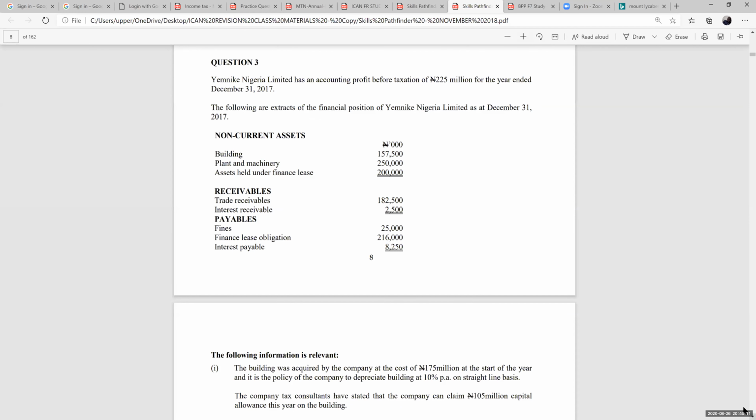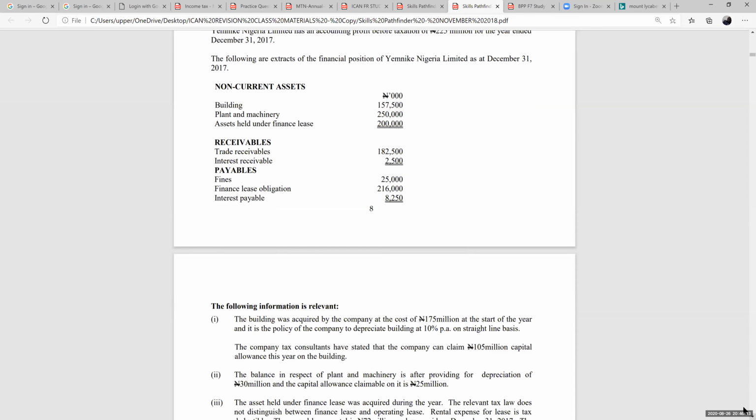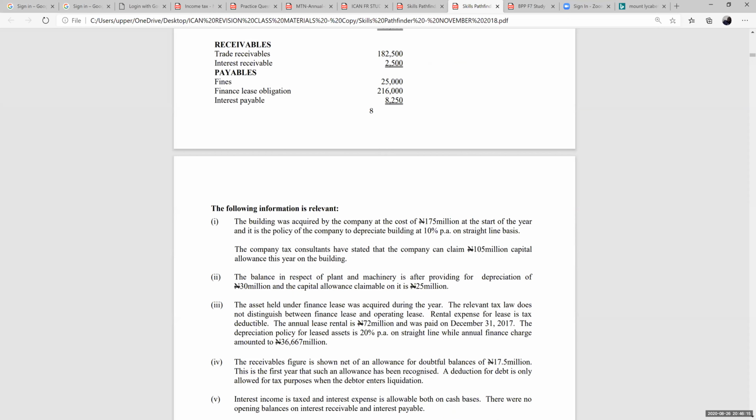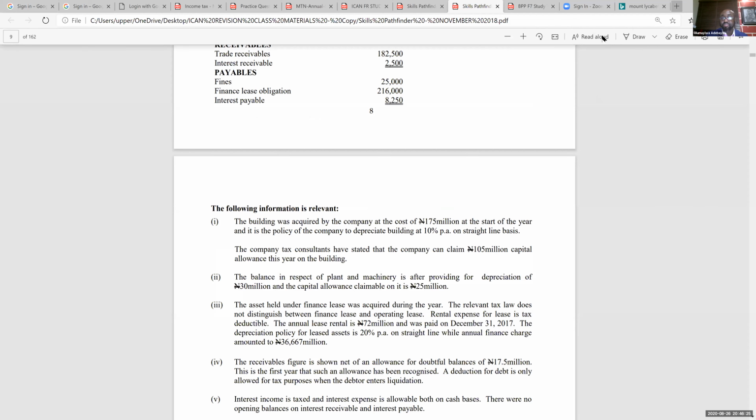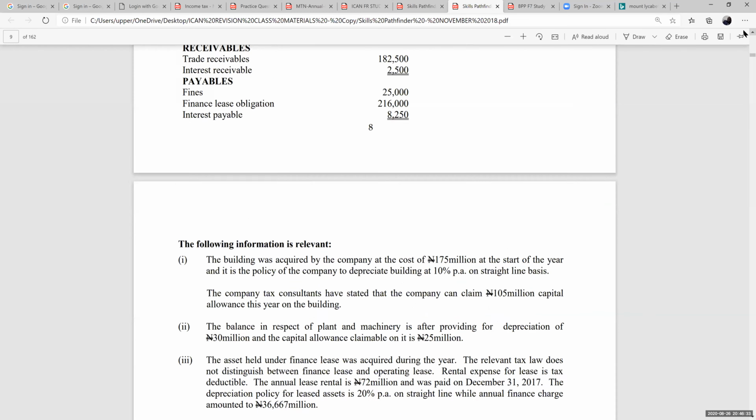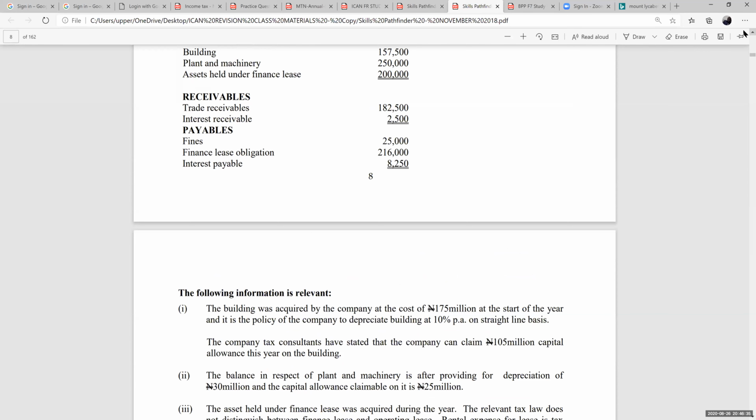Payables: we have fines, finance obligations, and interest payables, the values as given.